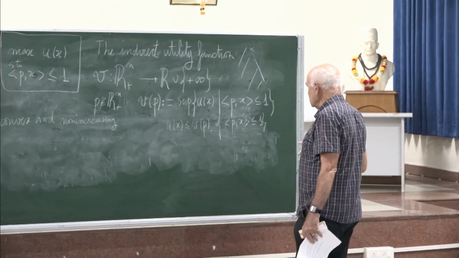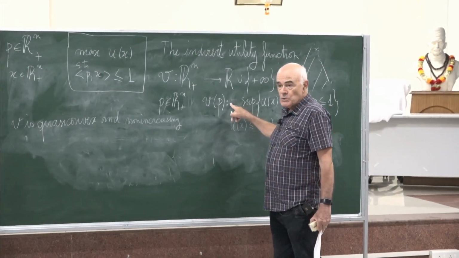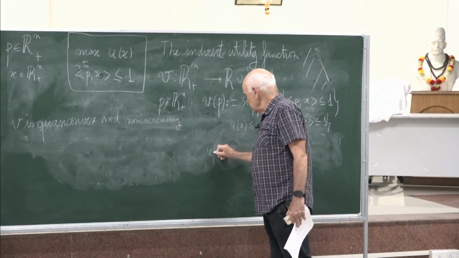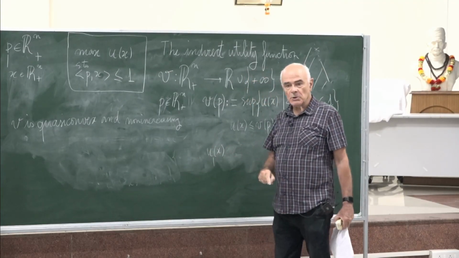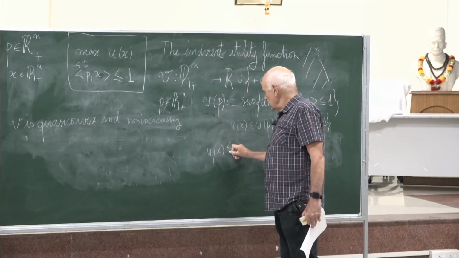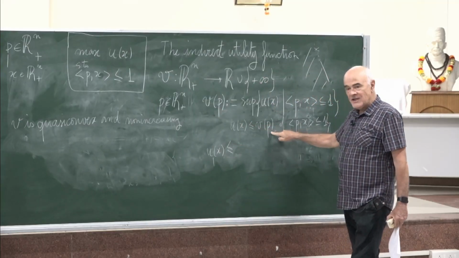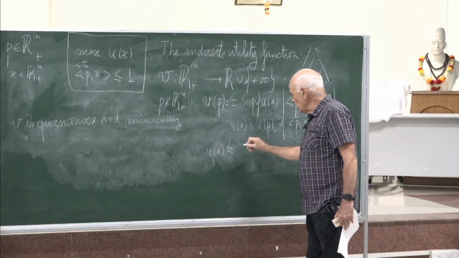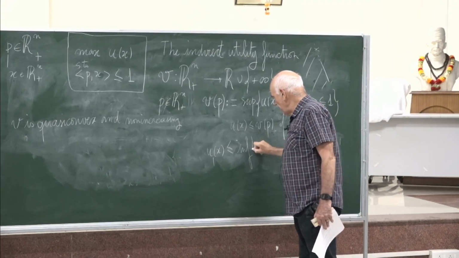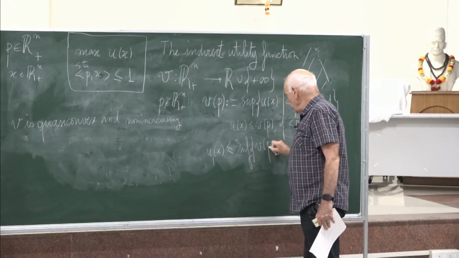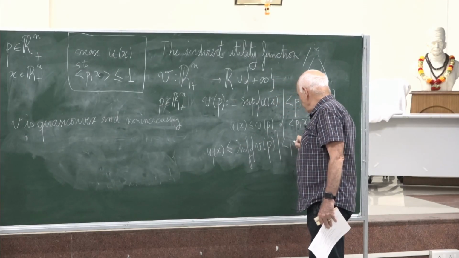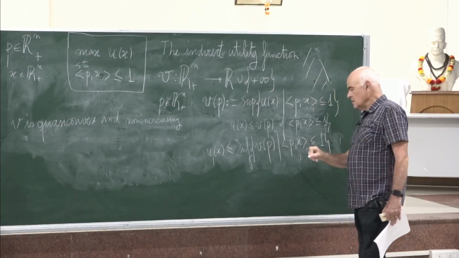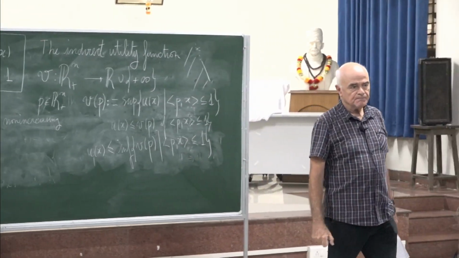Then what follows from this is that the utility function that produced this V is less than or equal to all these V of p for all these p's. So it's less than or equal to the infimum of V of p subject to px less than or equal to 1.